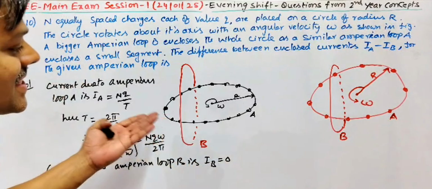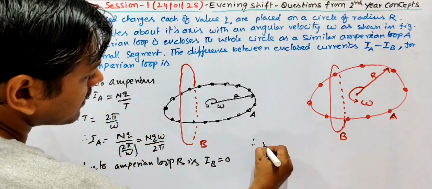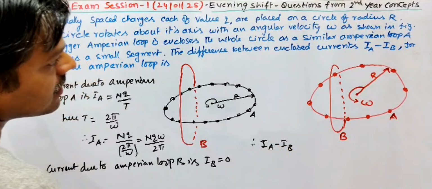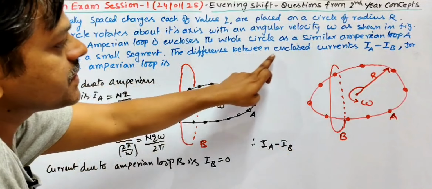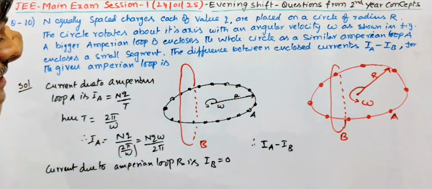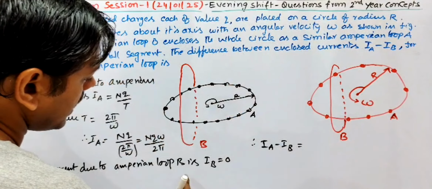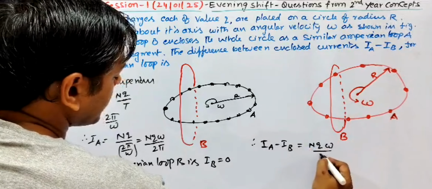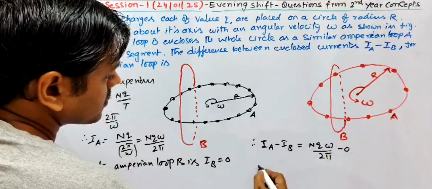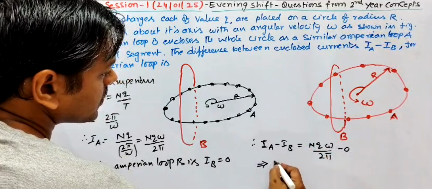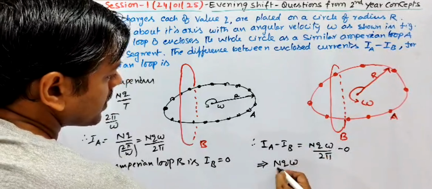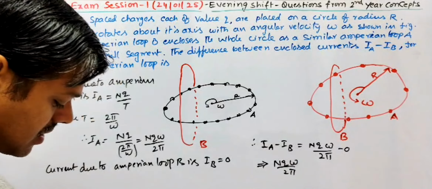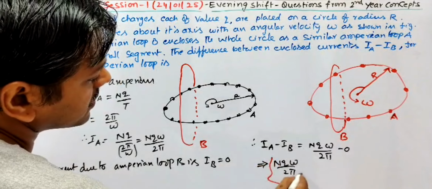Isn't it? Therefore required I_A minus I_B. This is asking the difference between the enclosed currents: I_A minus I_B is n into Q into omega by 2 pi minus 0. So the answer is n into Q into omega by 2 pi. This is the answer for this question.